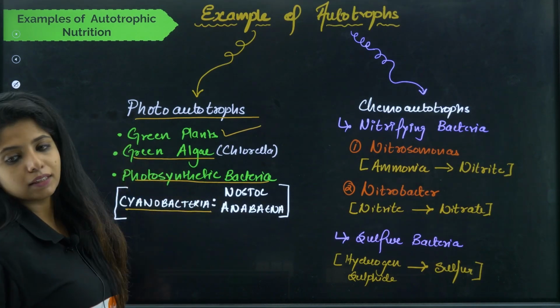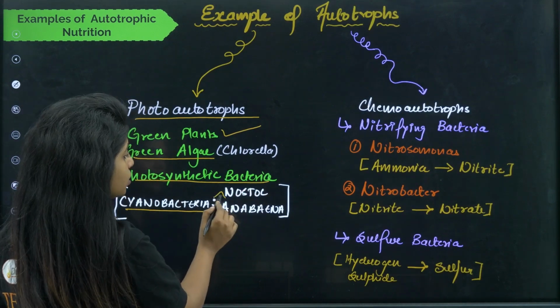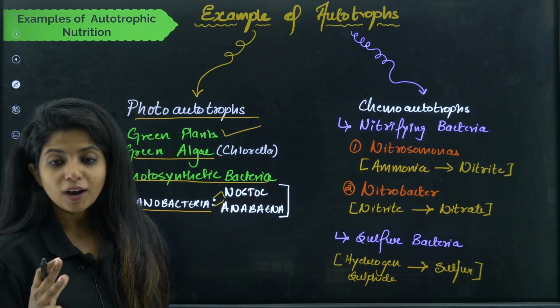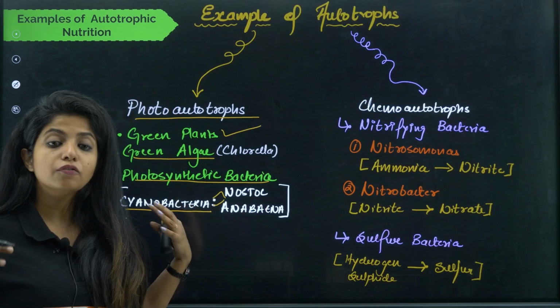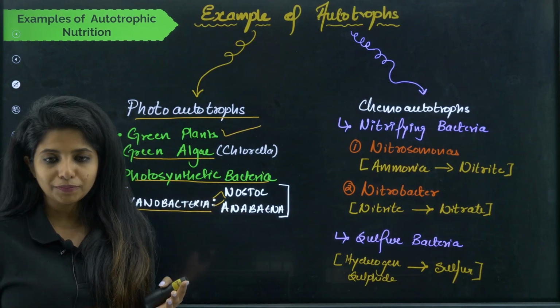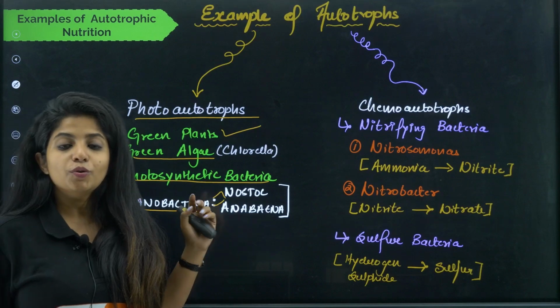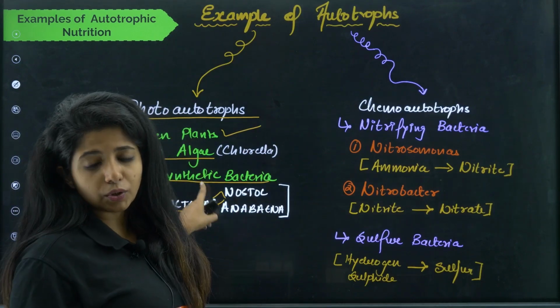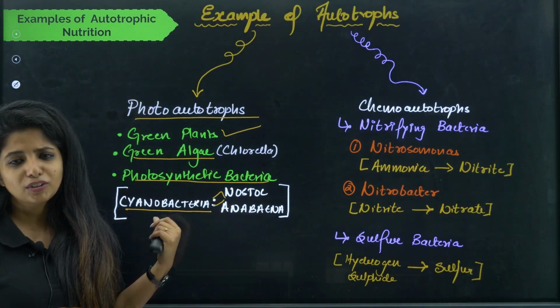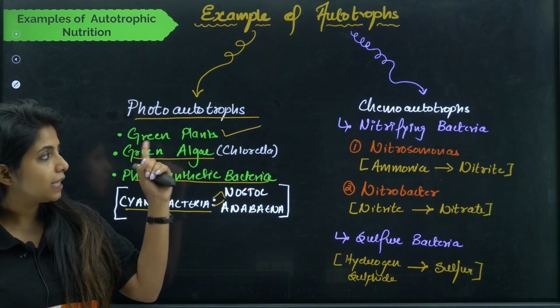They are photosynthetic bacteria. Nostoc and Anabaena come under this. They are bacteria, but still they obtain their food by photosynthesis. Only a few varieties of bacteria come in this category, called cyanobacteria. And then green plants.